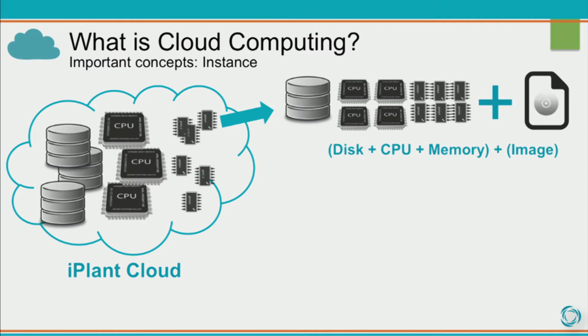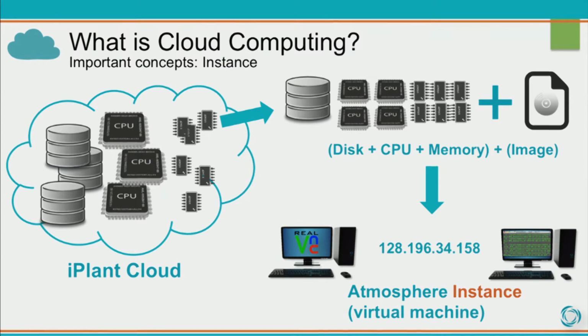So once you have the physical hardware plus the image, the software, and the operating system, that is your instance, or sometimes also called a virtual machine. So with Atmosphere, we can create an instance for you, custom to suit your needs.